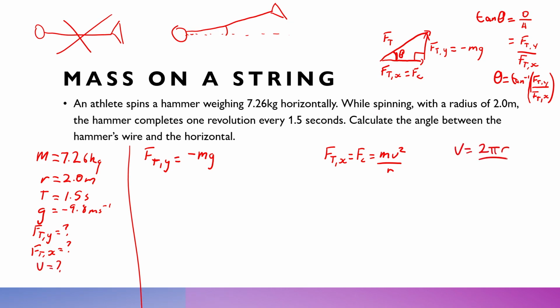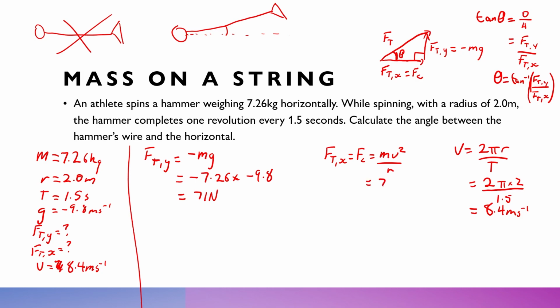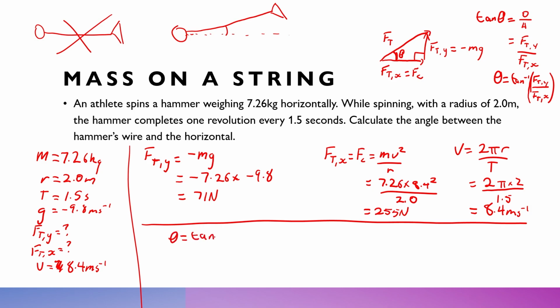What this means is this is another value that needs to be calculated. From here, we can substitute and solve. Our final answer here is 16 degrees to two significant figures.